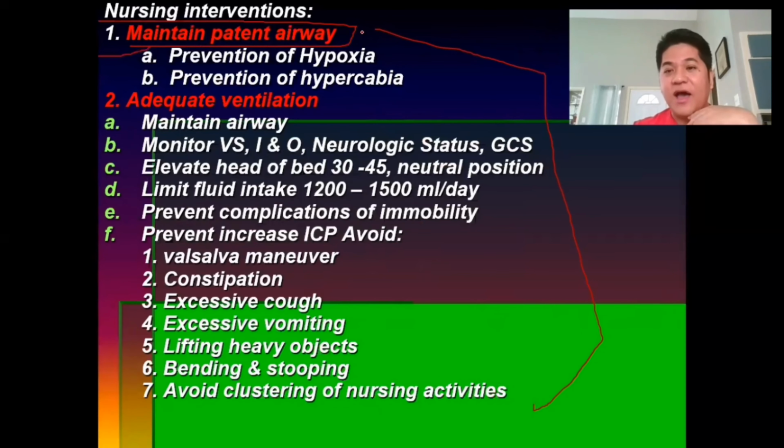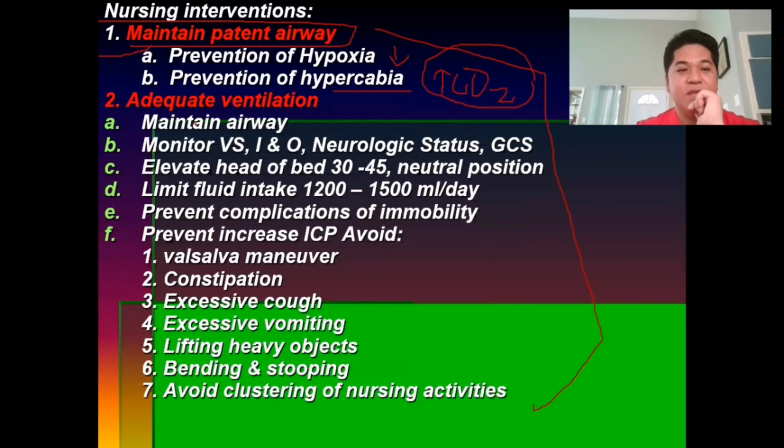If the airway is blocked by secretions, we have to clear it to prevent hypoxia and hypercarbia. Decreased oxygenation is very risky for the client, and the brain will die, okay? Hypercarbia is increased CO2. Carbon dioxide is a toxic substance to the brain and therefore has to be eliminated, okay? Adequate ventilation is achieved by maintaining a patent airway.